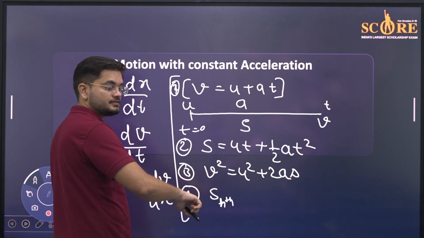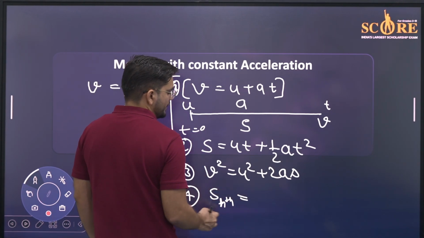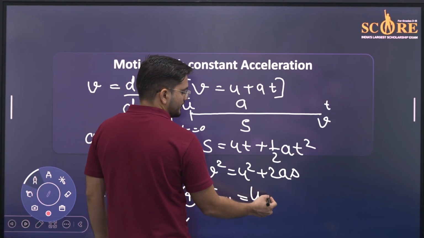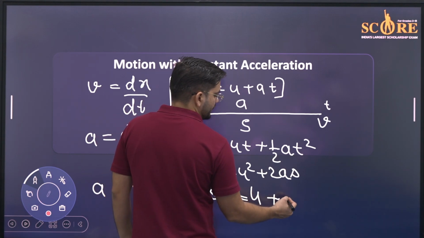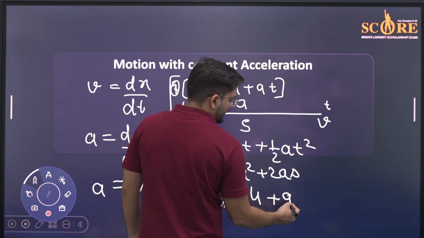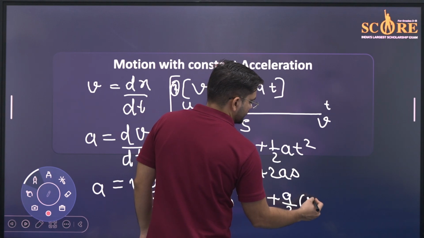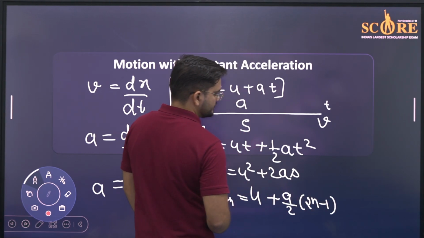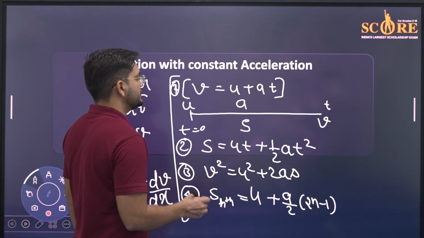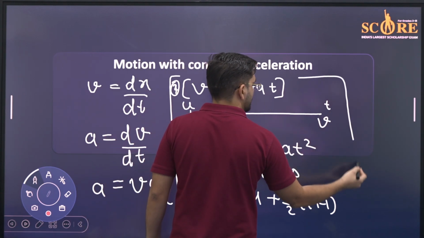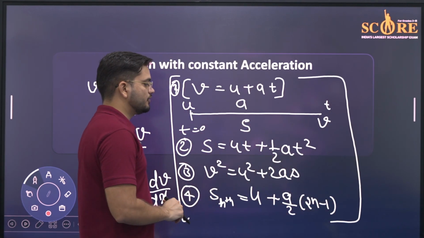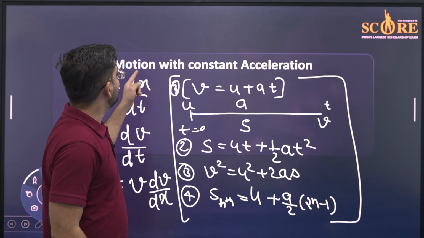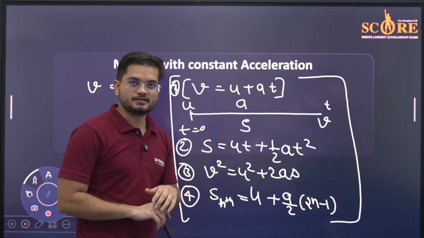Displacement in nth second is defined by velocity at t equal to 0, u plus a by 2 into 2n minus 1. These equations are known as big four equations for motion with constant acceleration.